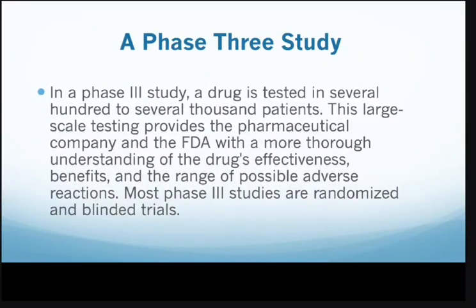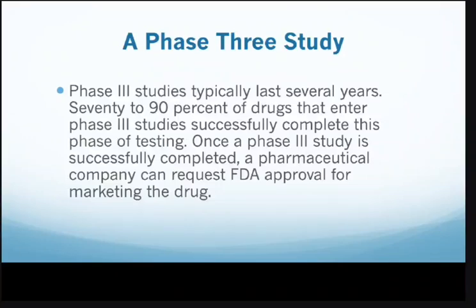Then we go on to phase 3, and in phase 3, we're looking more at dose ranging. So these are large scale studies, and we're looking at effectiveness and adverse reactions, so side effects. These are also randomized and blinded. And again, these are oftentimes dose ranging. So some patients will get a smaller dose if it's a contrast agent, some patients will get a larger dose.